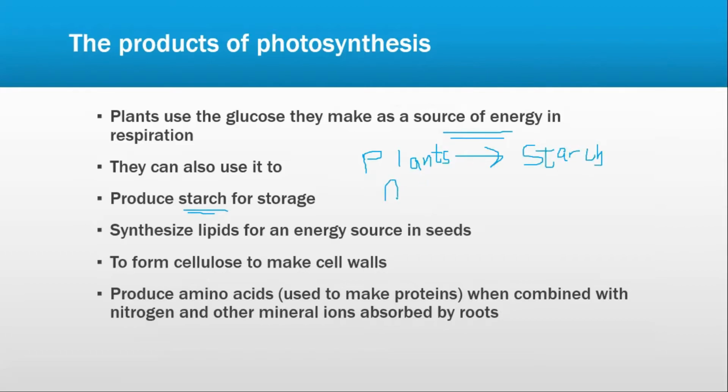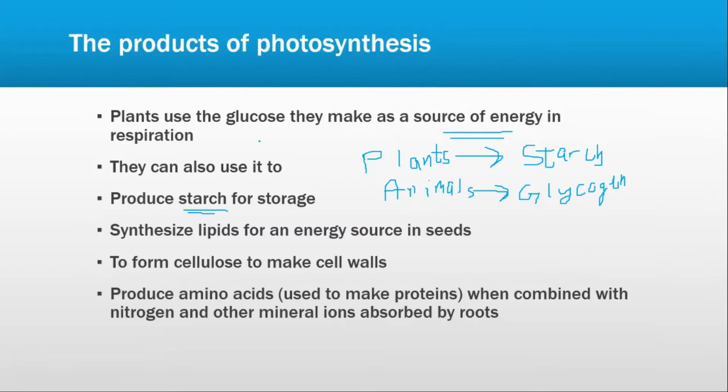But when we talk about animals, we have glycogen as the storage molecule. You need to remember this. It can be asked in the form of an MCQ. So starch is the storage in plants and glycogen is the storage in animals.